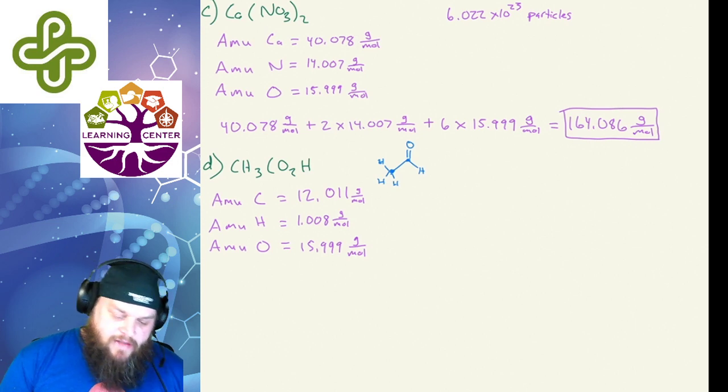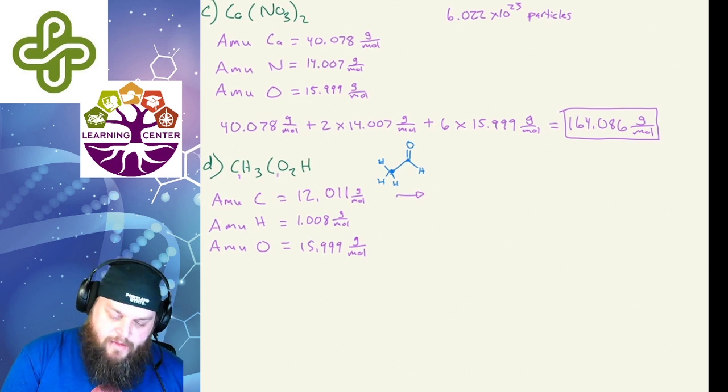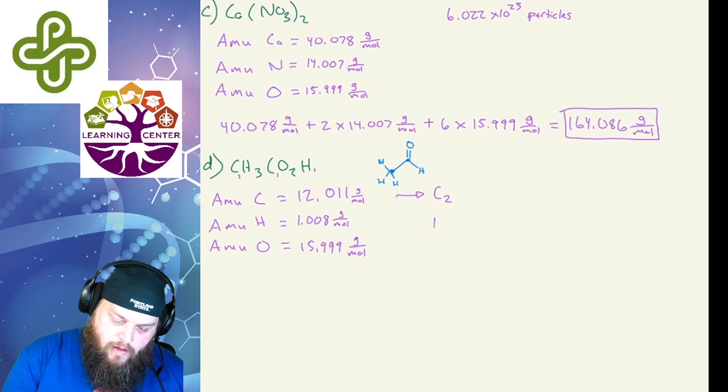To add all these up, we need to add up the total number of each of those atoms we have in there. So for carbon, I have 1 there and 1 there. So I have 2 carbon atoms. So I can write, say, there's 2 carbons; hydrogens, there's 3 plus the 1, so there's 4 hydrogens. And the oxygens, just 2.